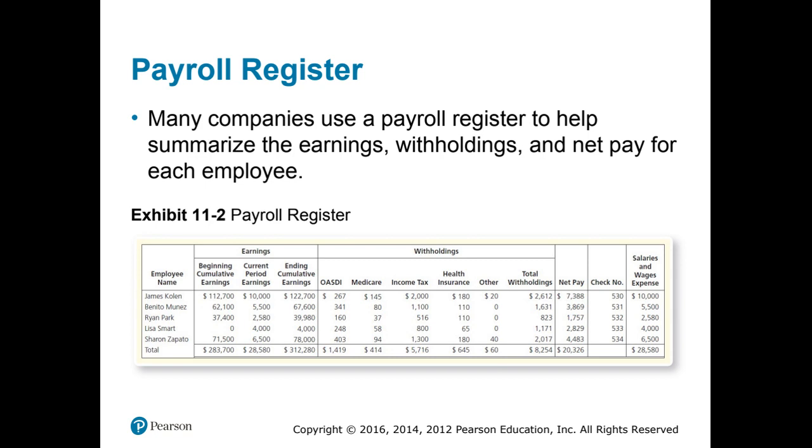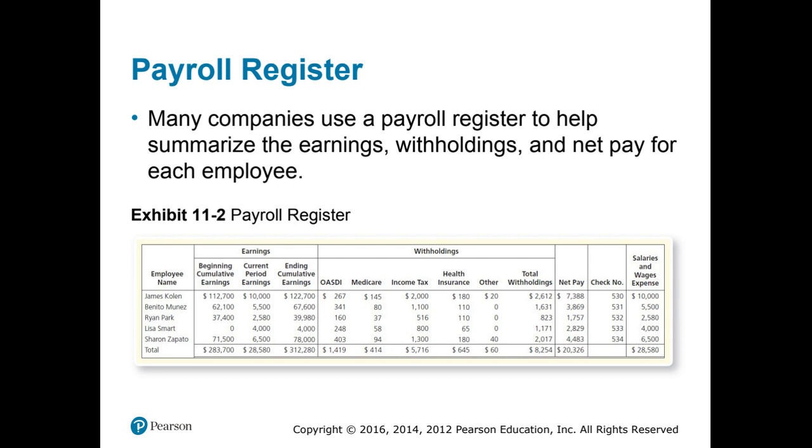This is everything that we're withholding from his gross pay, $2,612. So now to figure out his net pay, and there are some formulas in here if you're noticing, by the way. So this is a good slide to refer back to.